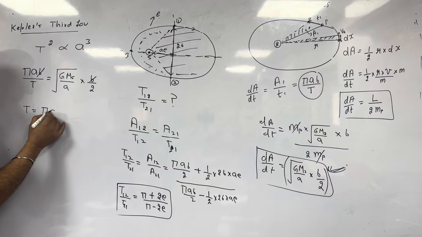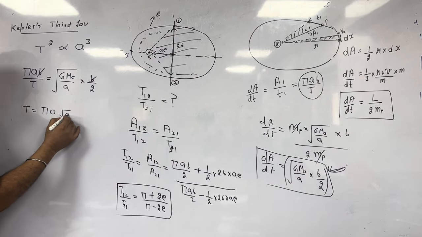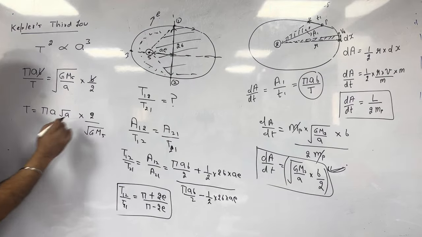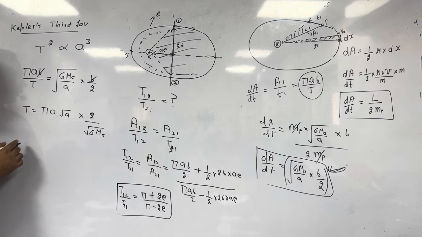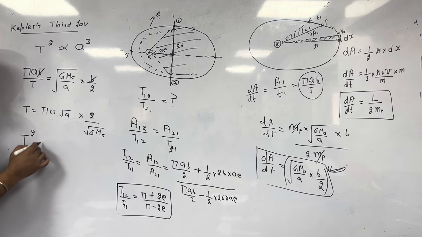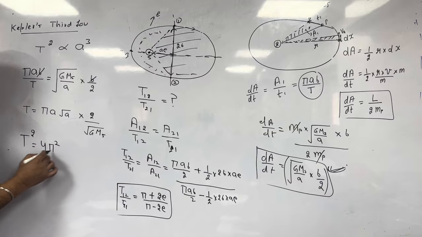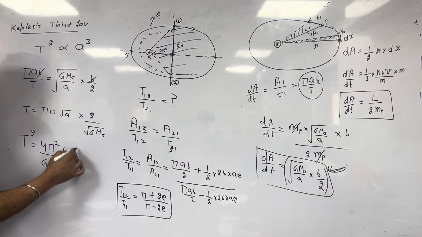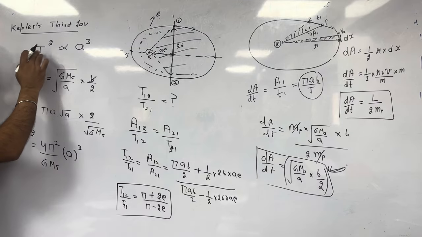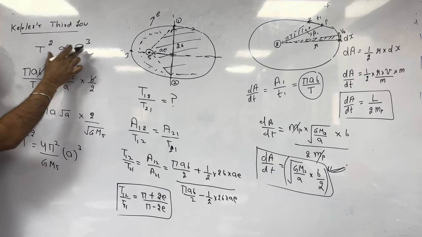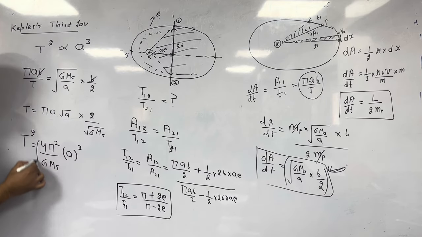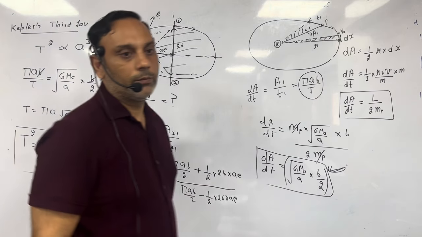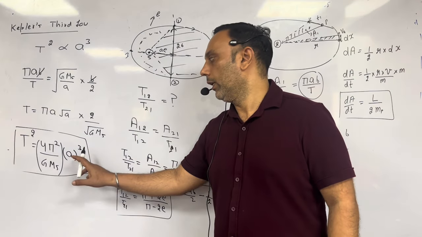So pi into a into root a into 2 upon root of G into mass of Sun. Now squaring both sides, T square is equal to 4 pi square upon G Ms into a cube. So T square is directly proportional to a cube. You should know this, and also you should know the constant of proportionality. So that is our Kepler's third law: the square of the time period is directly proportional to a cube.